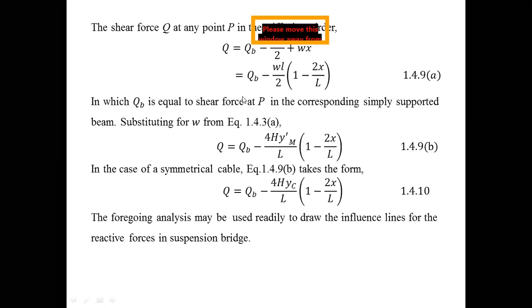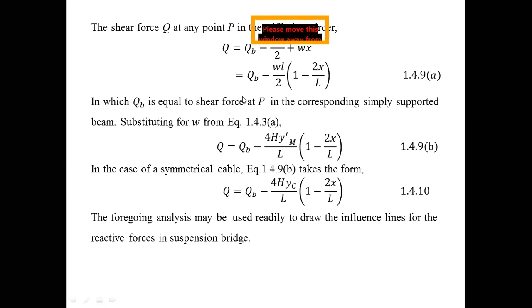So you must have a little knowledge about the influence lines, which you learned in the previous semester, in the fifth unit, I think. Influence lines and moving loads.